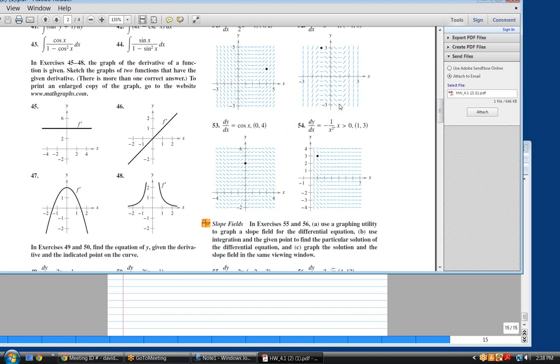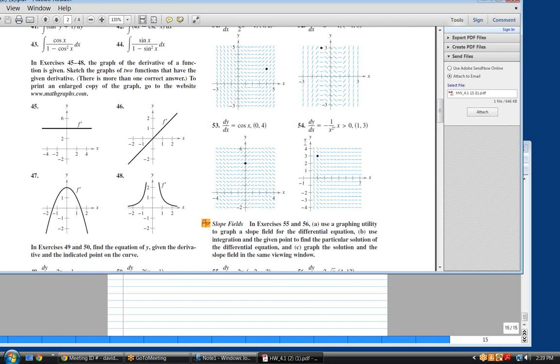dashed, and you can tell that this one here looks like it might be a parabola, right? You can tell that this one over here looks like it might be a sine wave. This one here looks like it might be some sort of sinusoidal wave.